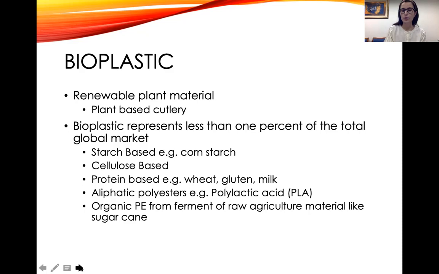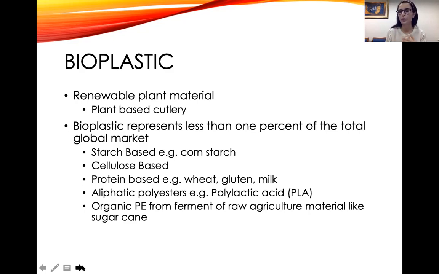Right. So while you're making your mind to speak, I just said bioplastic comes from renewable plant materials. It can be starch-based, it can be protein-based, it can be organic polyethylene, for example, that comes from agricultural waste. So a lot of people are becoming innovative with this idea. But the discussion that I was having about bioplastic was the fact that bioplastic, which is either biodegradable or compostable, needs a certain environment for that as well.